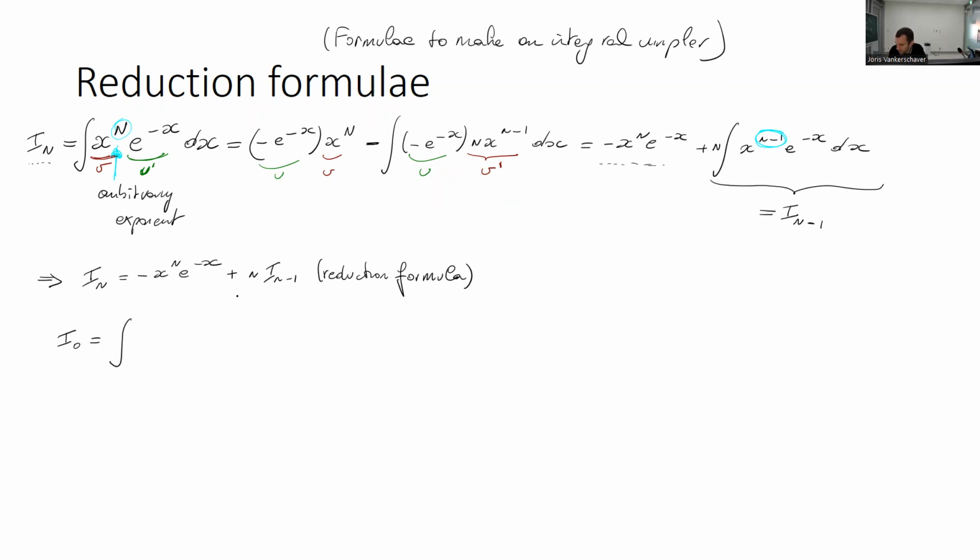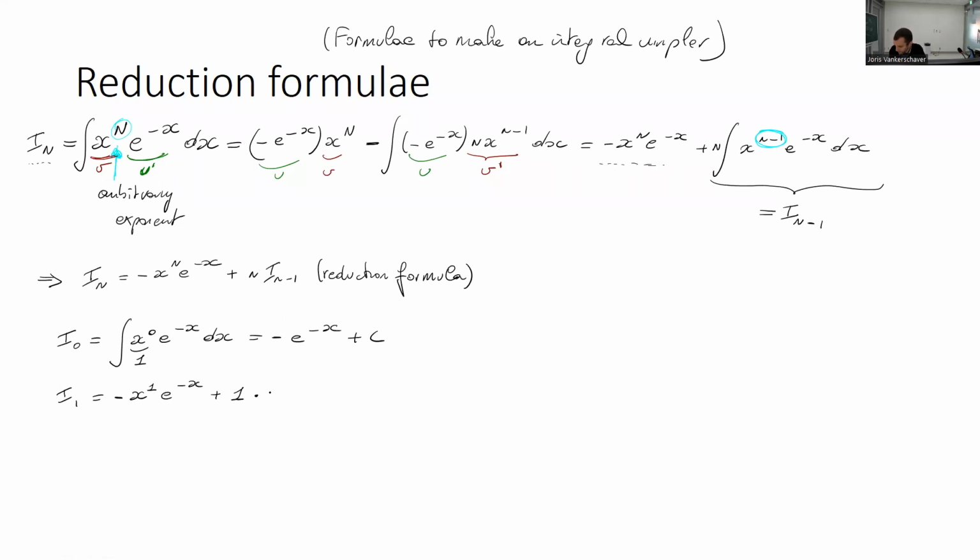What is I_0? For this one, I don't have a formula, but I can calculate it explicitly. It's the integral of x to the power 0 e to the minus x dx. x to the power 0 is of course 1, and then we're left with the integral of e to the minus x. So we get minus e to the minus x plus a constant. Now, what is I_1? Now we can use our reduction formula, and we get minus x to the power 1 e to the minus x plus 1 times I_{n-1}.